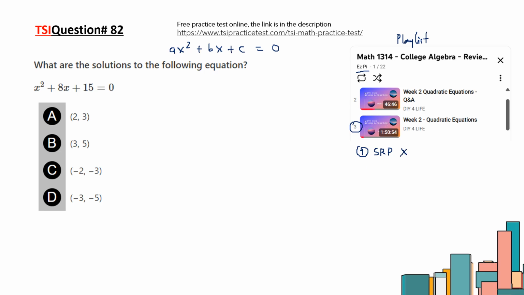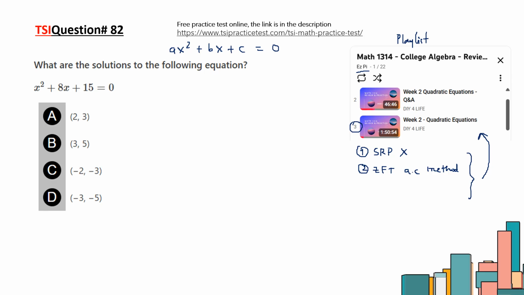So we continue with the second one, the zero factor theorem. We use the AC method. Those will be in this video. So now we try to use the AC method.